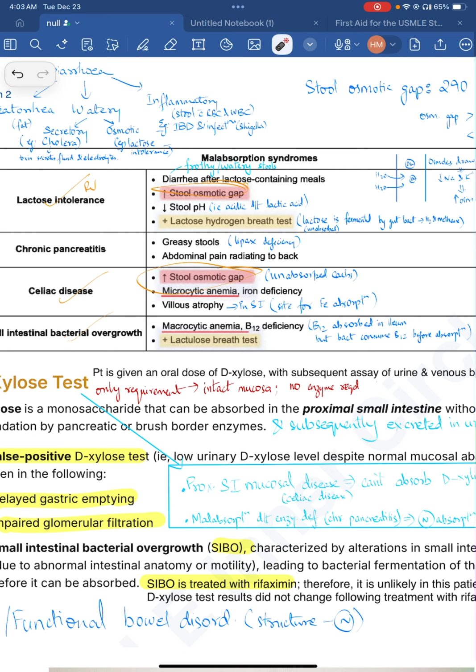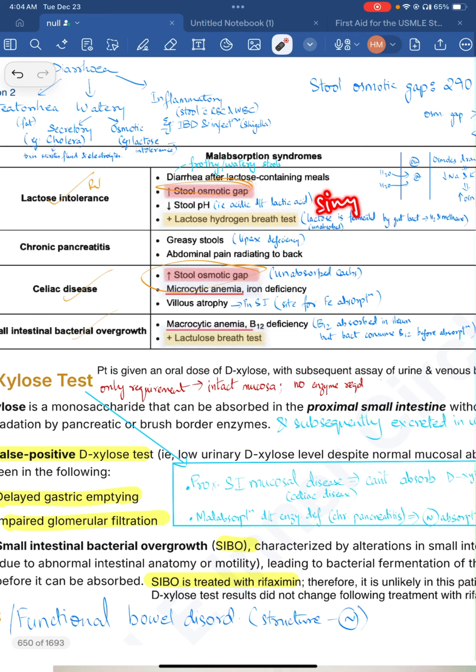What happens here is lactose, which is unabsorbed, is fermented by gut bacteria. Why does this happen? Lactose, with the help of the lactase enzyme, is broken down into simple carbohydrates. But when the lactose is unabsorbed in the gut, the bacteria ferment this lactose and convert it into hydrogen and methane. That's why the hydrogen breath test comes back positive.